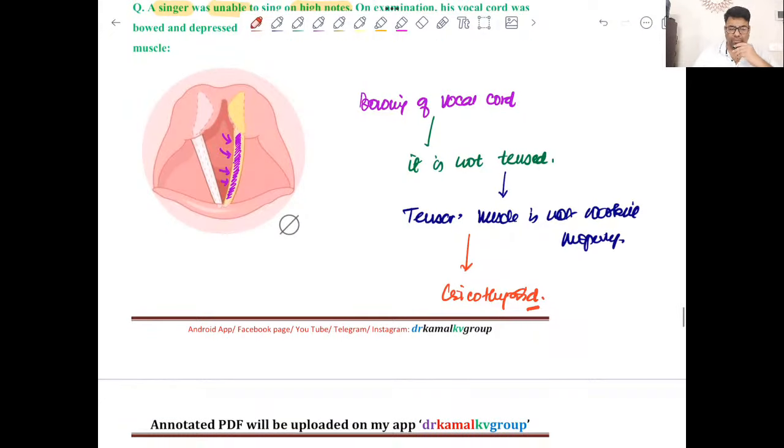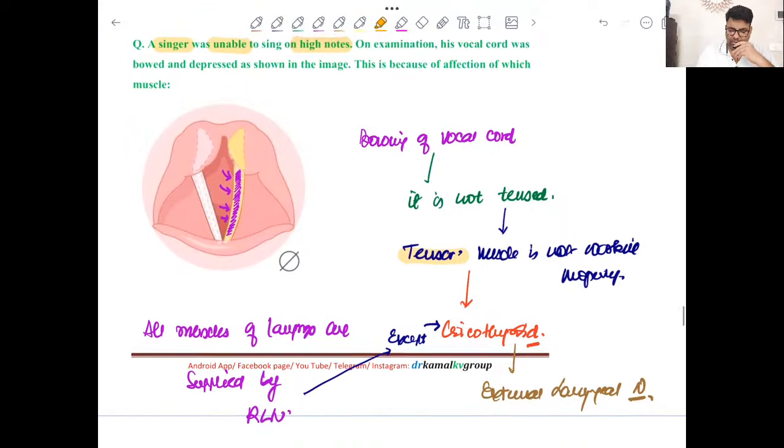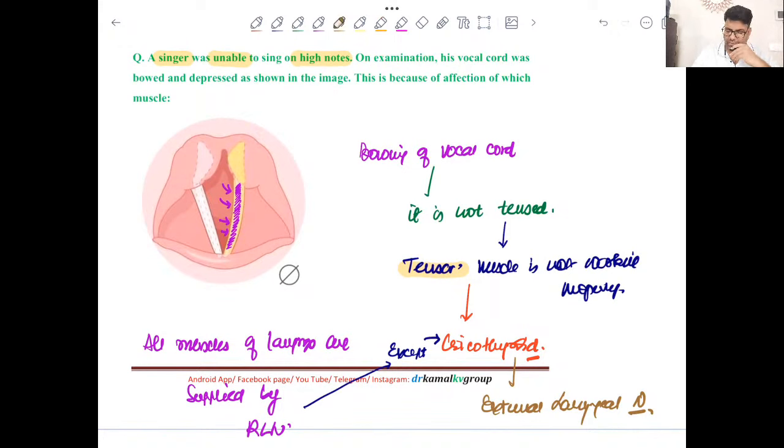right? So it means the muscle affected in this condition is the cricothyroid, and we know that the cricothyroid is supplied by the external laryngeal nerve, and we also know that all muscles of the larynx are supplied by the recurrent laryngeal nerve, and there is only one exception, and that exception is the cricothyroid, which is the tensor of the vocal cord, and this tense action is needed for producing high notes, right?